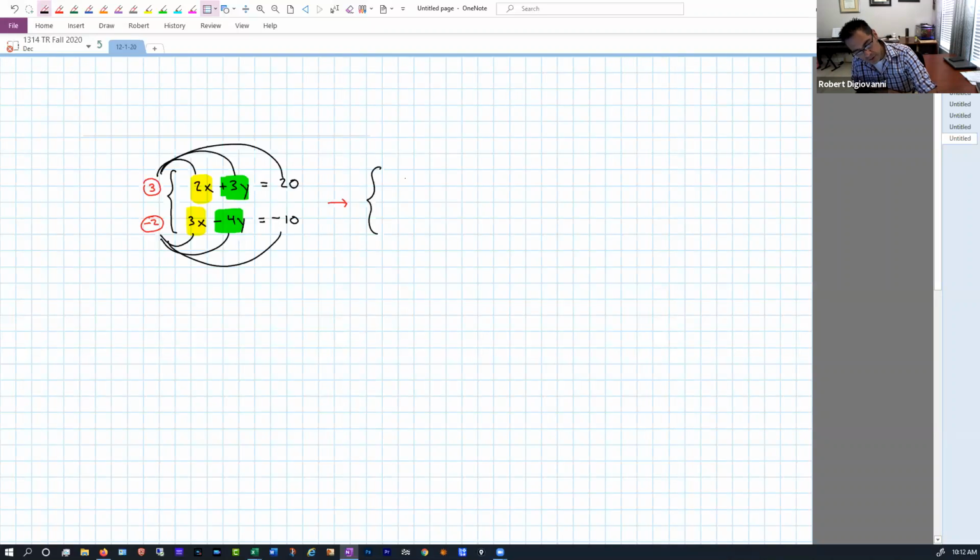So this will become 6x plus 9y equals 60. And then the other one will become negative 6x. And then the second multiplication should give me plus 8y. And then the third multiplication should give me, what's that, positive 20?